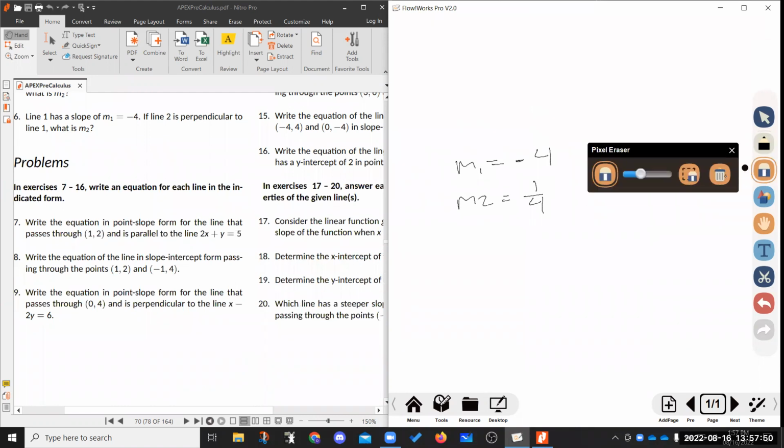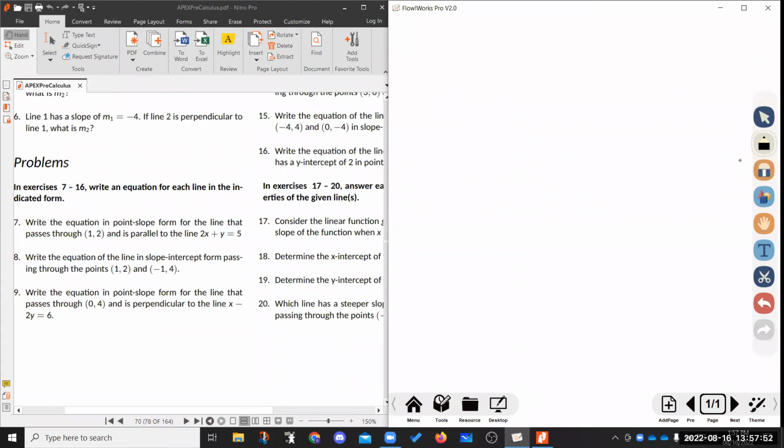Now we're going to write some equations of some lines, given some information. Write the equation in point slope form for the line that passes through 1, 2, and is parallel to the line 2x plus y is equal to 5. So y is equal to -2x plus 5. My slope here is -2. I'm parallel to that, so my line is going to also have a slope of -2.